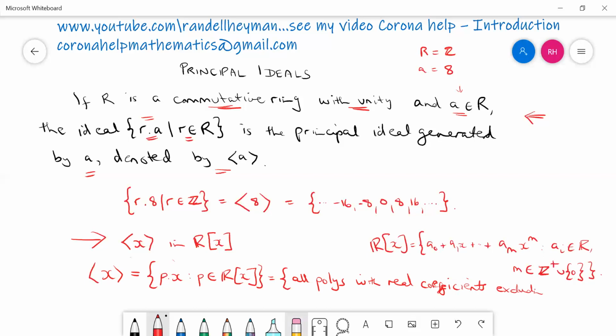actually, I suppose, with p0 equals 0. I think that'll do.